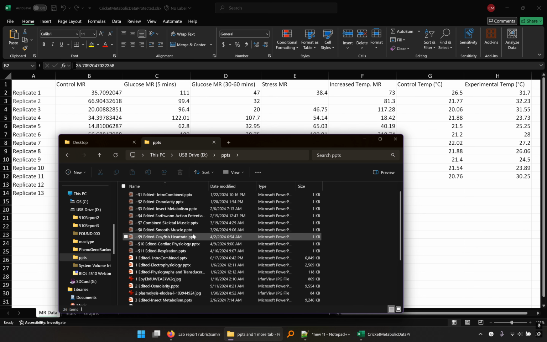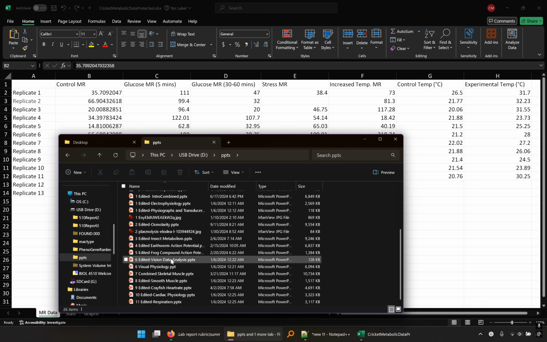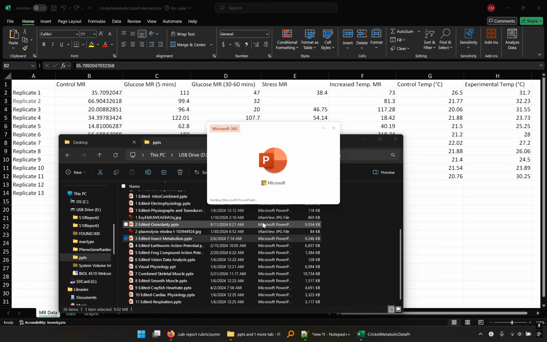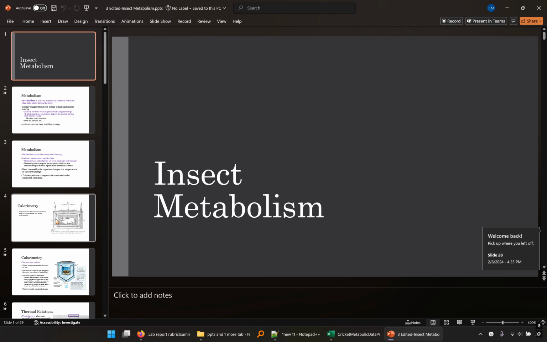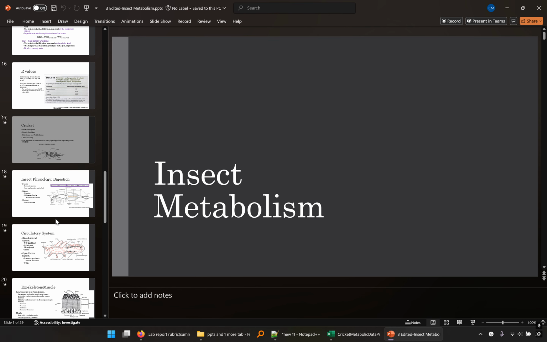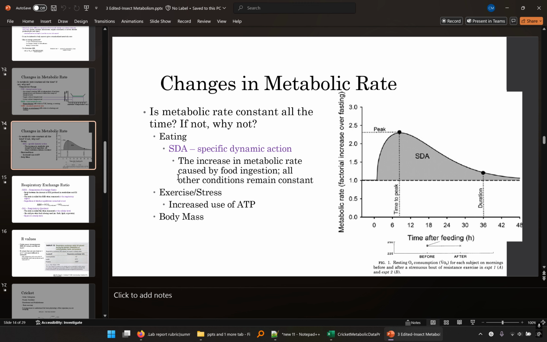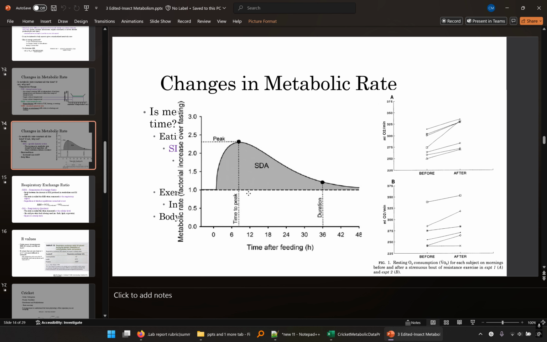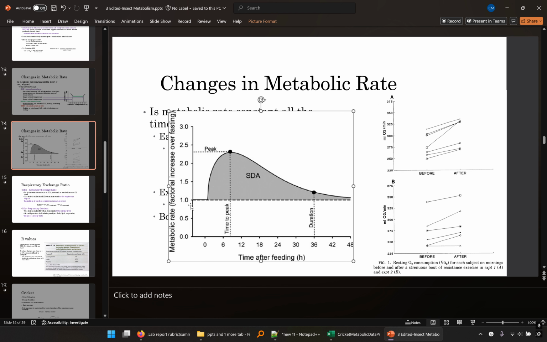So if I go in there and open up the insect metabolism, I include this background information as a hidden slide in here. So this is specific dynamic action, and it's talking about how after feeding, it's going to have this sort of ideal peak of a metabolic rate, and then it's actually going to go back down to baseline.